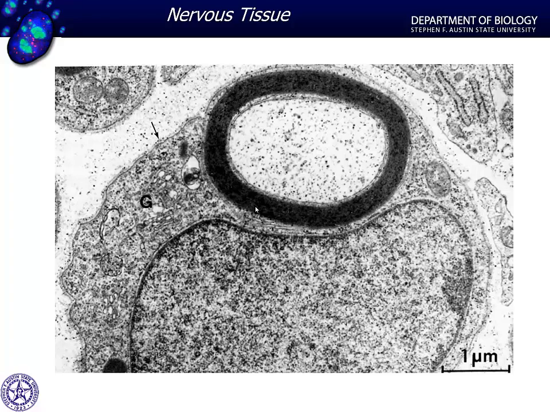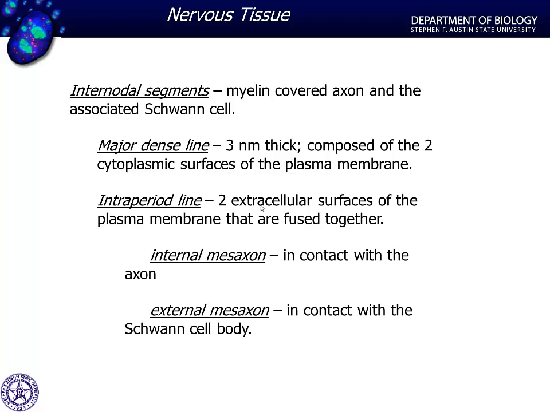And so we're going to have regions of this myelin sheath where we have opposing cytoplasmic faces of the phospholipid bilayer pushed against each other. We've squeezed the cytoplasm out. So these opposing faces, the cytoplasmic faces, will be together. And then we will have alternating layers where we have opposing extracellular portions. We'll have to look at it in a little higher magnification, but we give these different lines names as we go through and look at them.